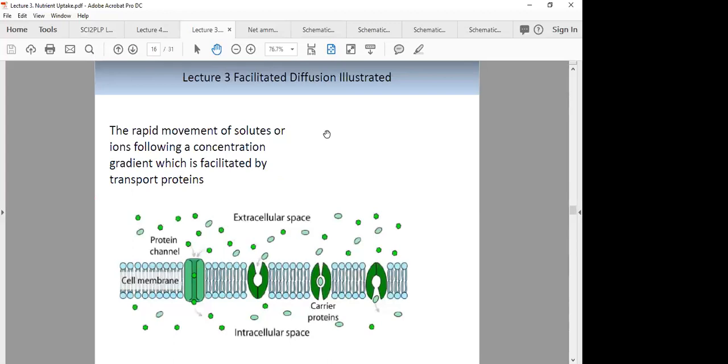Of course this is passive diffusion of molecules, but it's facilitated diffusion because the movement is facilitated by these proteins that are embedded in the plasma membrane, or in fact in other membranes as well, not just the plasma membrane.